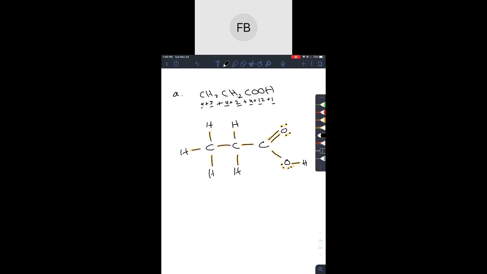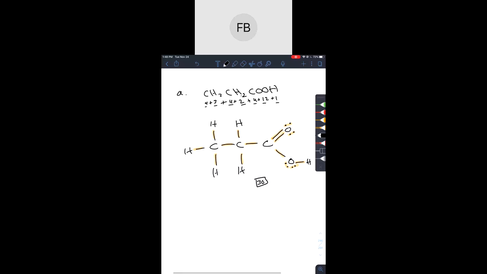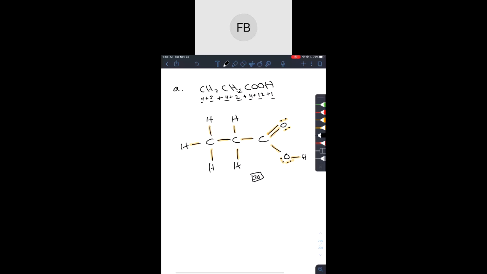So there we know that this is the correct Lewis structure, because there's 30 valence electrons in total for the molecule, from the drawn Lewis structure and also the molecular formula up here.